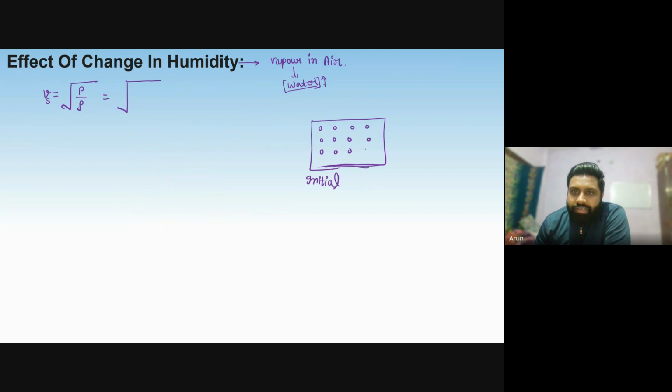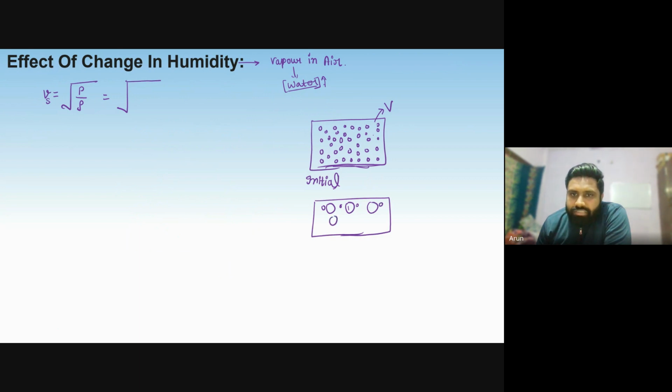So we are specifying only the air molecules here. Got it? And this particular volume is volume V. And now what will happen when the humidity comes? So there will be a molecule of H2O also within the same region.